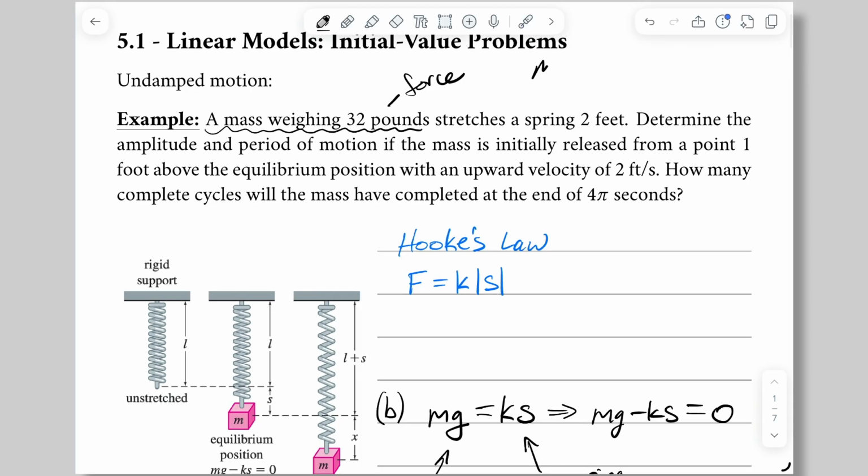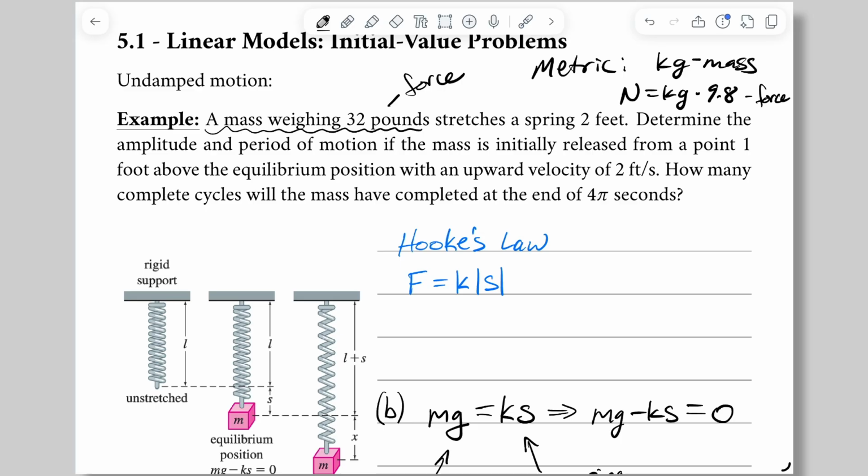If we were looking at the metric system, then kilograms is going to be mass. And mass times acceleration is force. Newtons is equal to kilograms times 9.8 meters per second squared for gravity. That is force. Here, pounds is force.